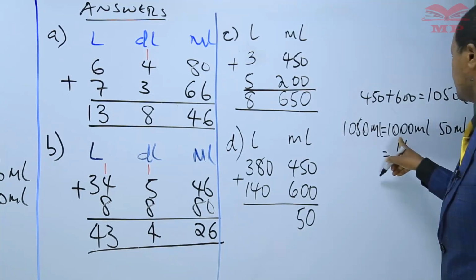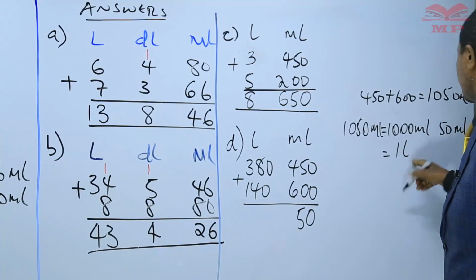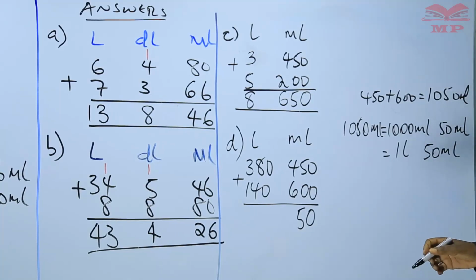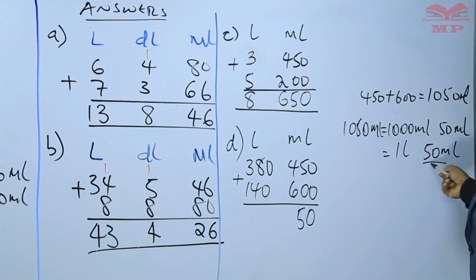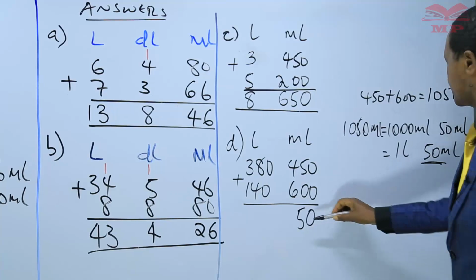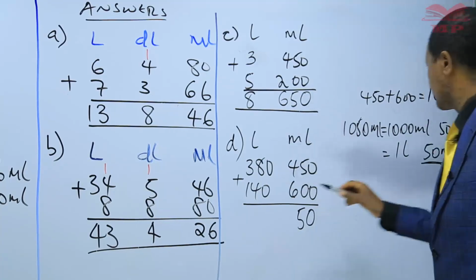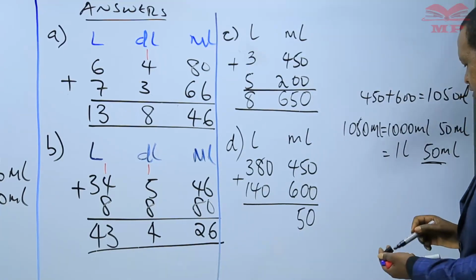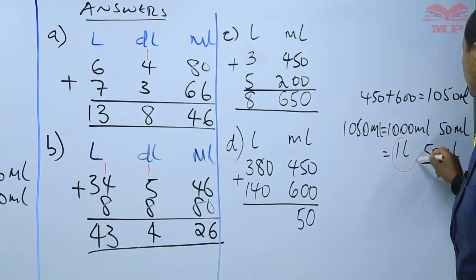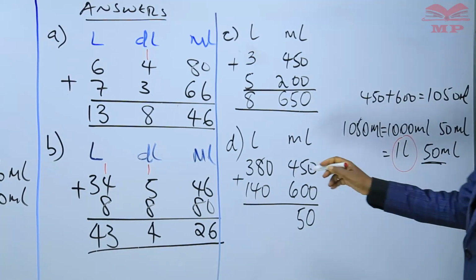So this can be rewritten as 1 liter and 50 milliliters. The 50 milliliters, this 50 we write under the milliliters column. Then we carry this 1 liter to the column for liters.